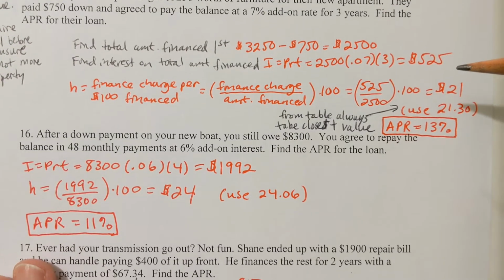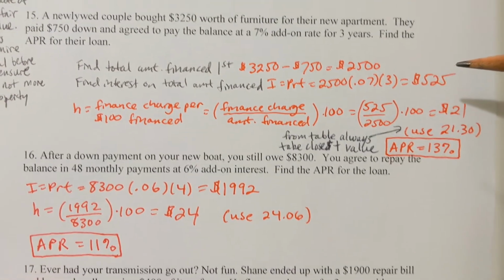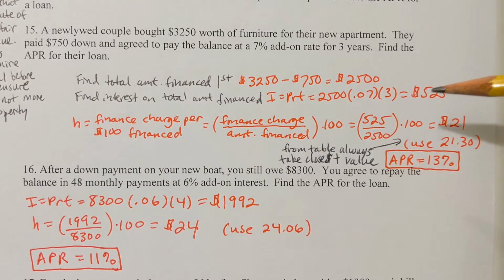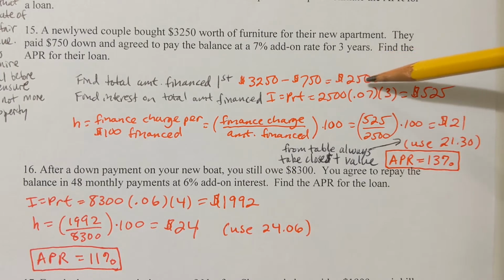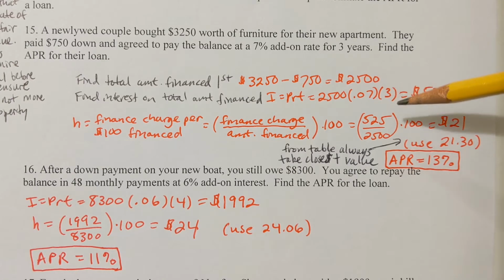For this problem, the finance charge, which is the same as the interest, is $525, divided by the amount financed, $2,500, multiplied by 100, and so I get $21.